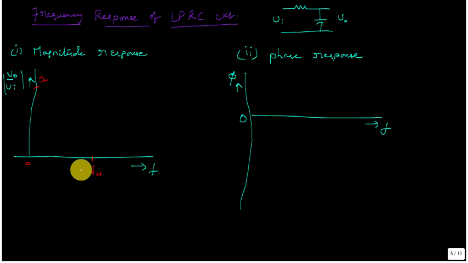So first indicate the fh point, and at this point you must get 0.707. Otherwise, first draw a circuit which resembles this one, and this is 0.707.